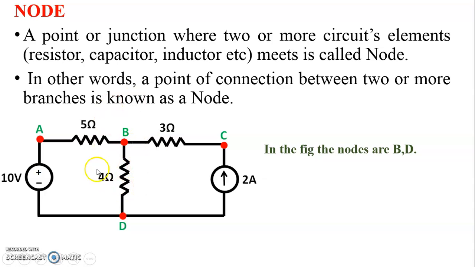In the figure we have 3 resistances, 5 ohm, 3 ohm, 4 ohm, connected at point B. So B is one node. Next, 10 volt, 4 ohm, 2 amps are all connected at point D. So D is another node. So in the figure we have 2 nodes, B and D.